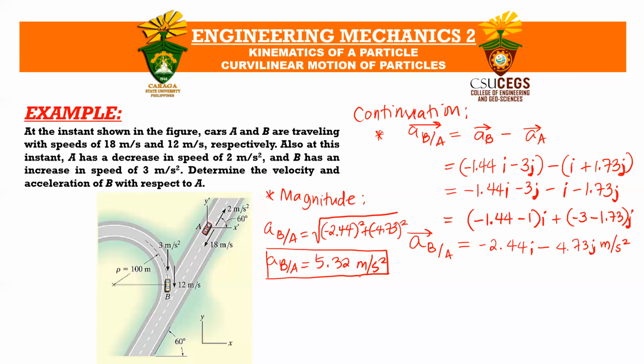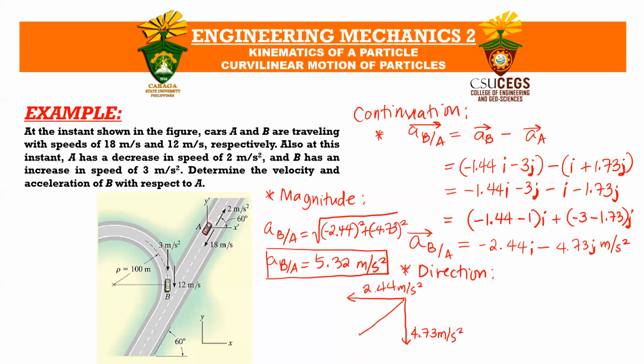And now for the direction. Based on our vector form, the x component is acting along the left side, so this is your 2.44 meters per second squared. And your y component is acting downward, which is the 4.73 meters per second squared.